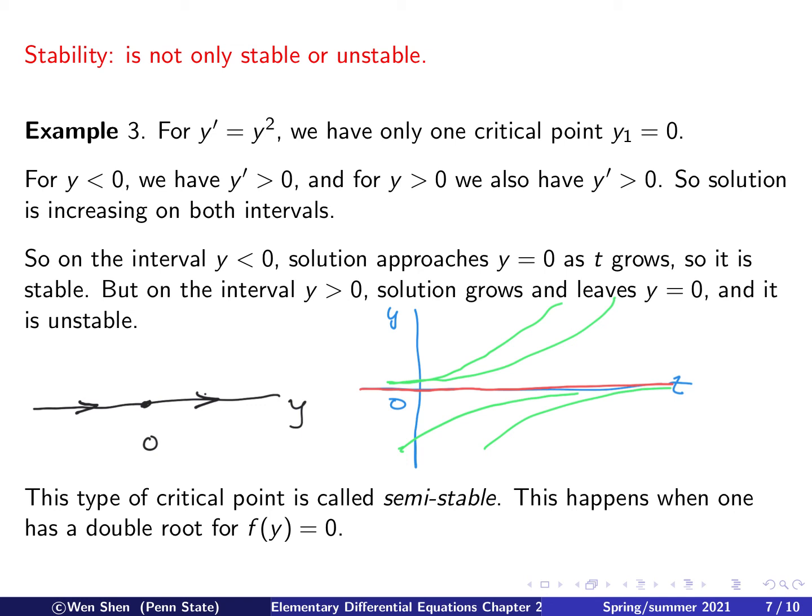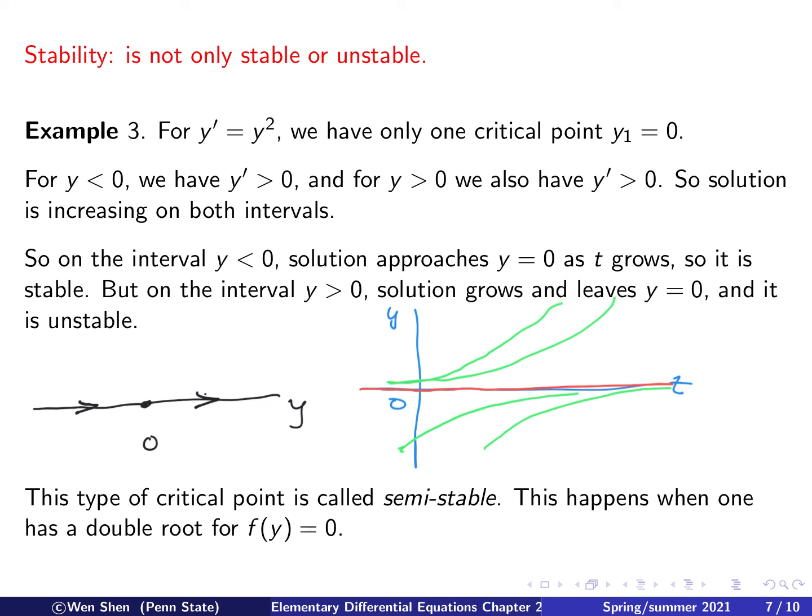So it's unstable. So here is a new concept of this type of critical point. Such a point is called semi-stable. Semi-stable means half stable, half unstable.